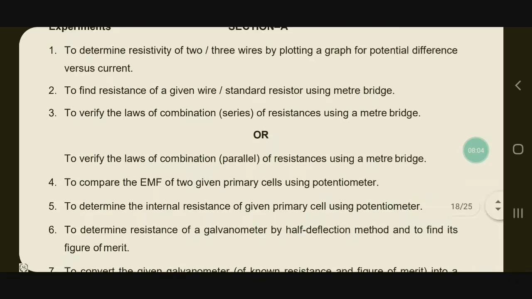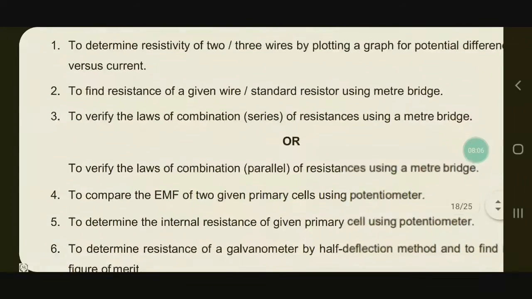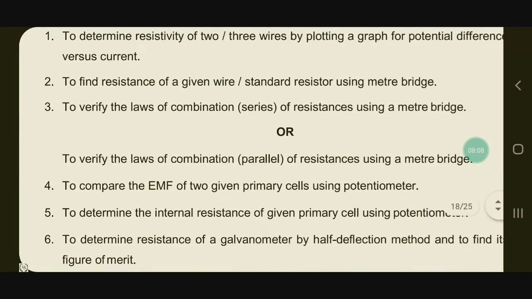This is actually a quite nice syllabus, because last year the combination of resistors experiment was given in one column, that is series and parallel. So there was no clarity whether both have to be performed or only one type of combination. But now in the new syllabus it is quite clear that a student should perform either series or parallel. There is no requirement to perform both types of combination.